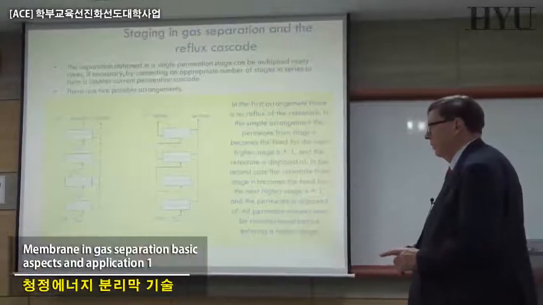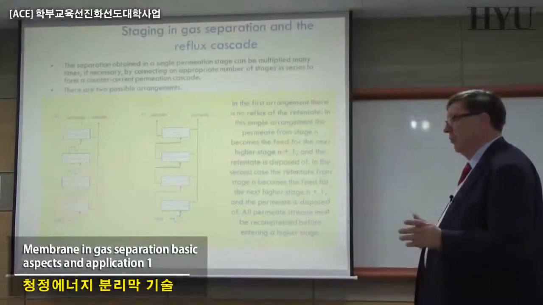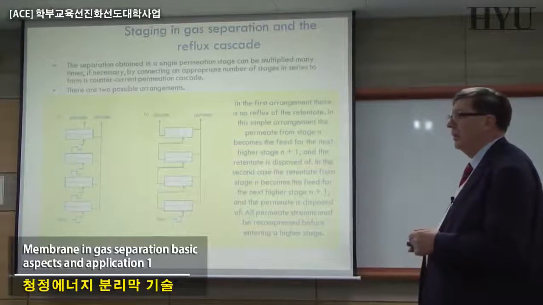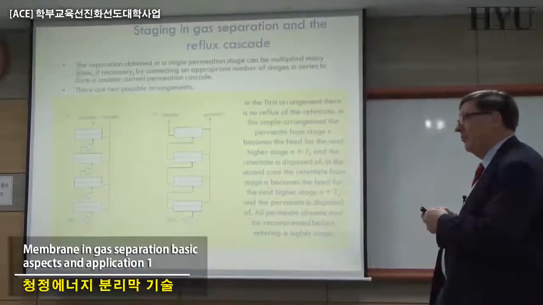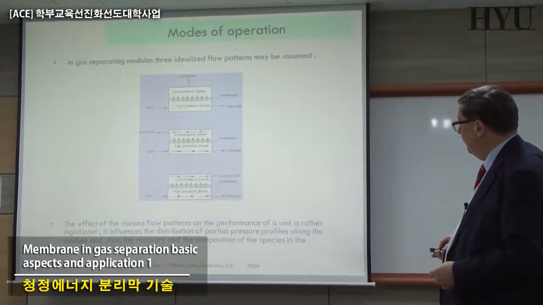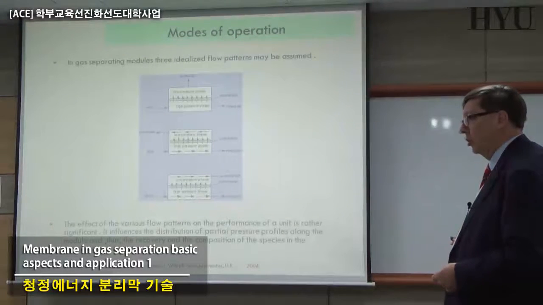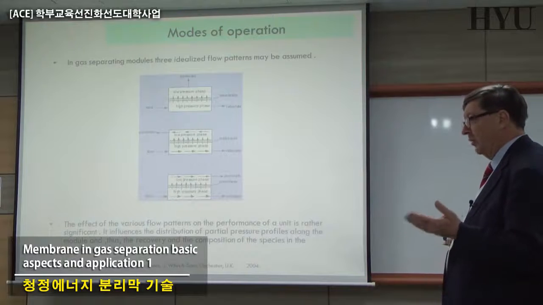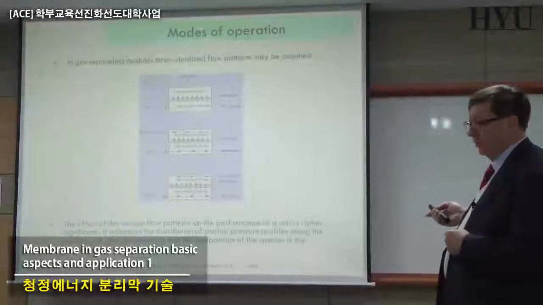Not really. If you mean a single module, independently, for sure you can have different performance depending on the length of the module. If this module is very, very long, there is a significant difference between working counter-current or co-current.